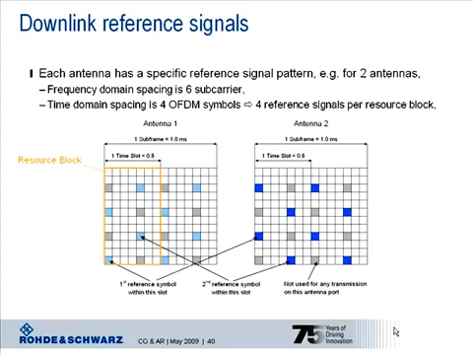As you can see in our example with the 2 antennas, the second antenna issues its reference signal pattern at other resource elements than the first antenna. The frequency and time domain spacing stays the same with 6 subcarriers and 4 OFDM symbols, but where the first antenna would issue its reference signal pattern, the second antenna would not transmit anything and vice versa. This is indicated by the hashed resource elements in the graph.